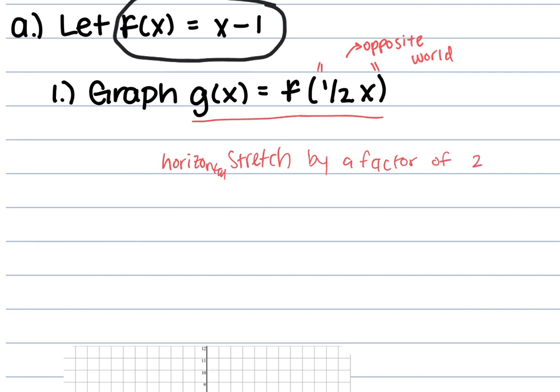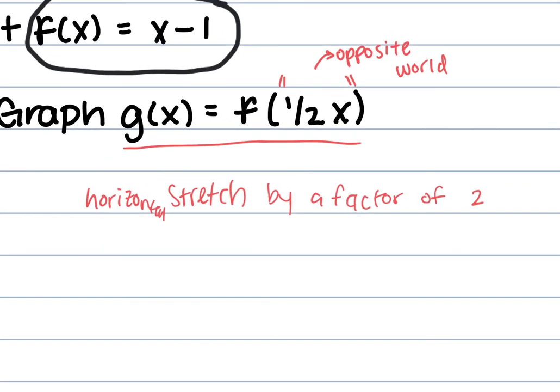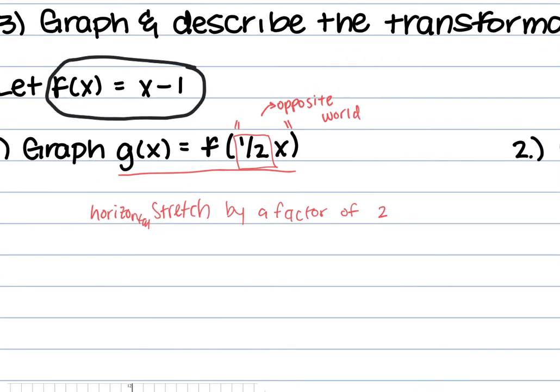Why is it by a factor of 2? Sabrina? Ah, very good. Just flip this fraction and it becomes 2 over 1, right? So we're actually going to stretch it by a factor of 2.